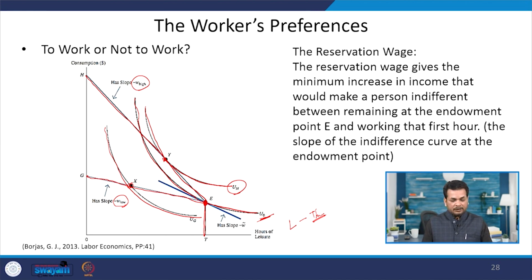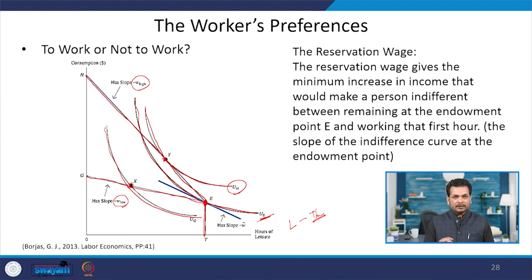So, if we compare Y and E, definitely the worker is better off by operating at point Y. So, the question here is what makes the worker move towards the labor market from his endowment point.